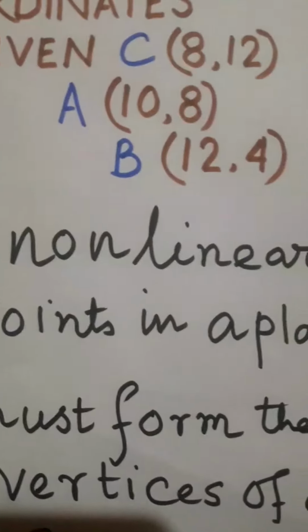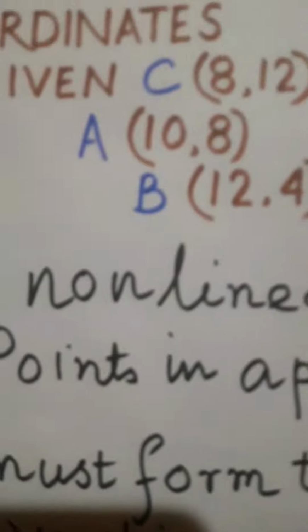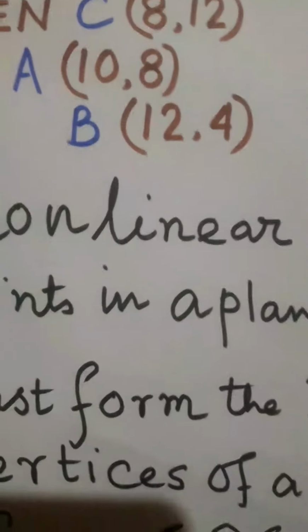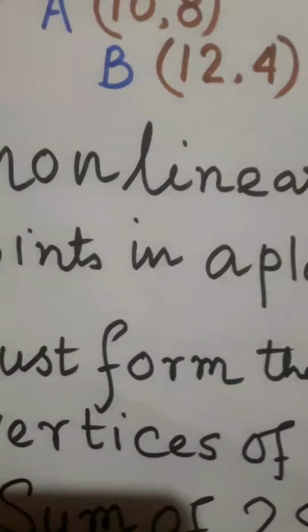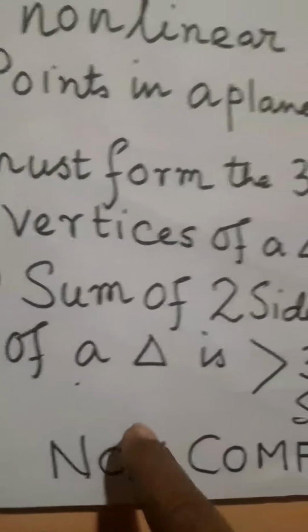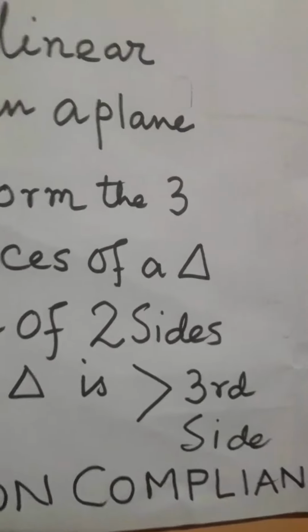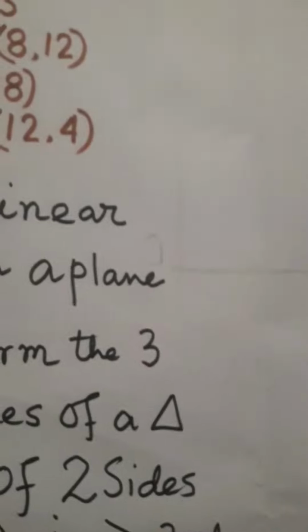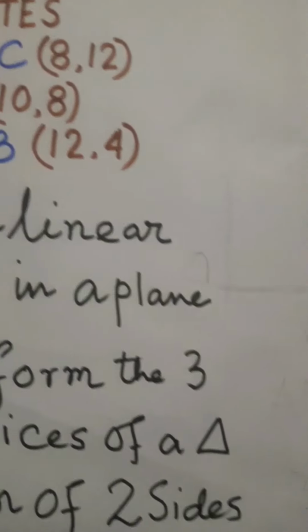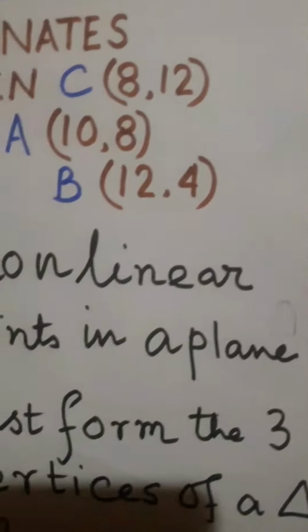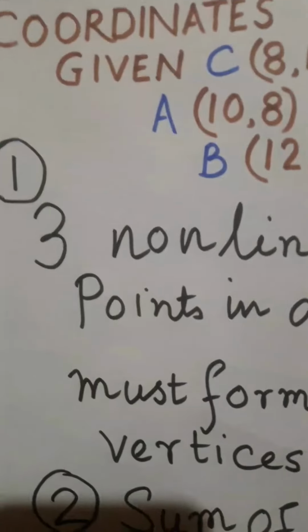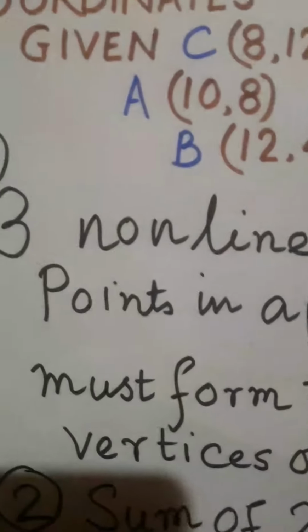That is, we assumed that the points are non-collinear, so that assumption is wrong. So by the process of non-compliance, they must be collinear, or they must lie in a straight line. That is the methodology we shall adopt.